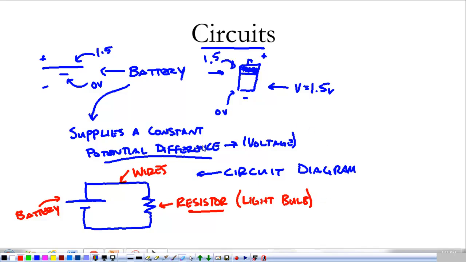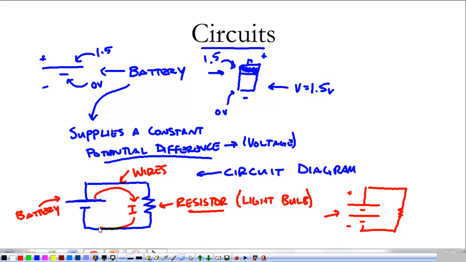Another note on batteries. Sometimes a battery looks like that in a circuit, and sometimes it's a little bit more complicated, and the battery looks like we've got two of them stacked together. If that's the case, this is still a battery, this is still the positive end, and this is still the negative end. Now, we're going to look at what current is in a minute, but while we have this simple diagram here, we're going to give a rule for current.